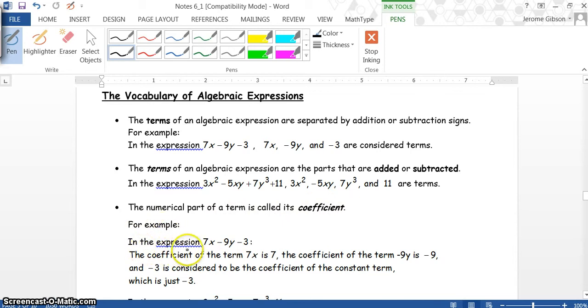For example, in the expression 7x minus 9y minus 3, the coefficient of the term 7x is 7. The coefficient of the term negative 9y is negative 9. And negative 3 is considered to be the coefficient of the constant term, which is just negative 3.